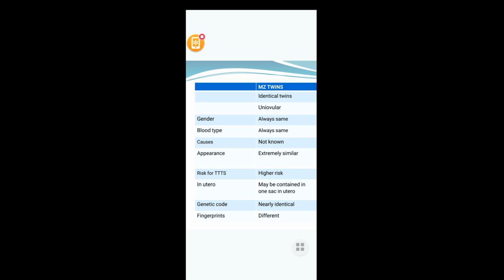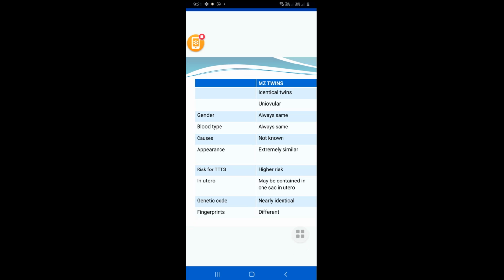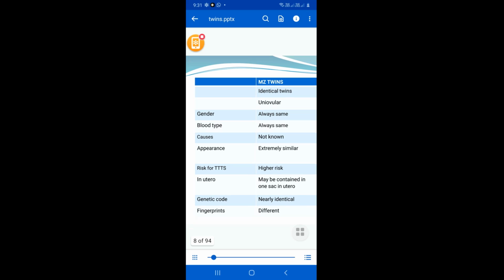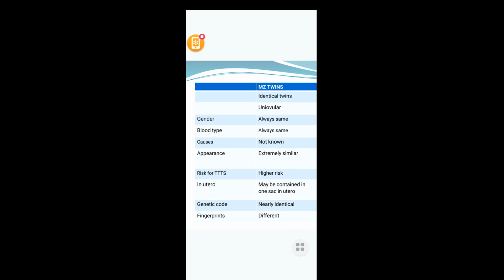That is because one full cake is being cut into two pieces. Let me explain: you have taken a cake and you have cut it into two halves. Do you think one half will have more sugar and the other half less sugar? No, both will be equally sweet because the batter of the cake is the same, which you have prepared.